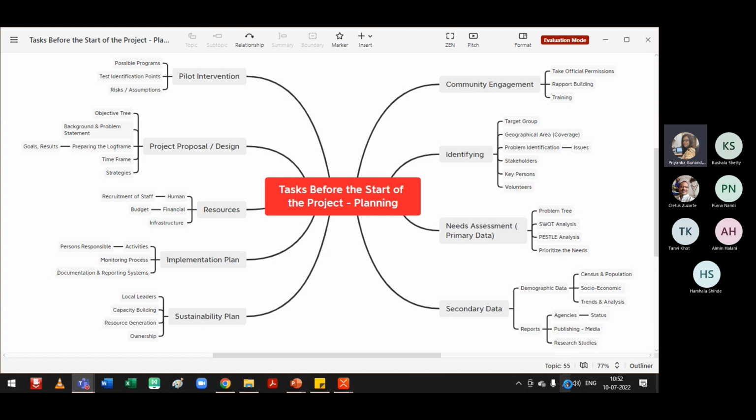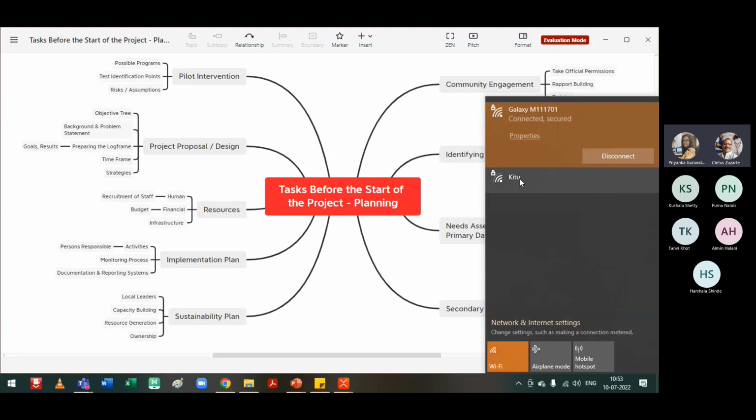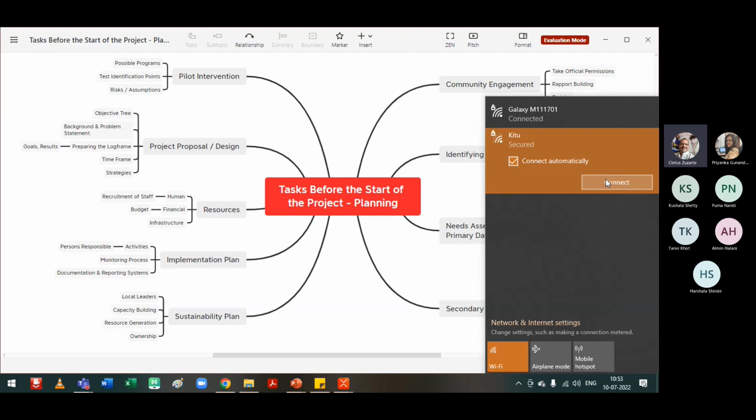Hi, everyone, can you hear anything? No, even I can't hear. Is my screen not visible? It's minimized actually. What I'm sharing on the screen is visible to you, like that mind map. It says that just wanted to know before the start of the project. Right, right. Okay.